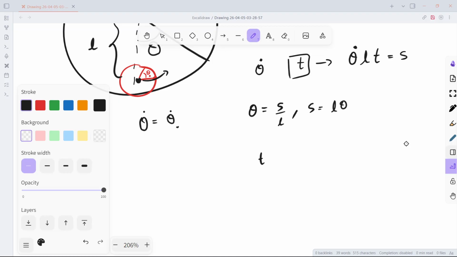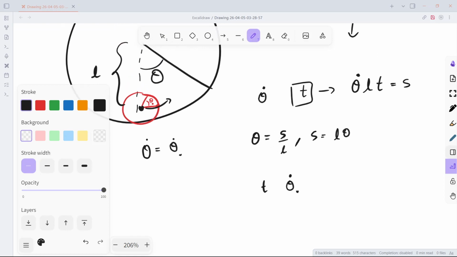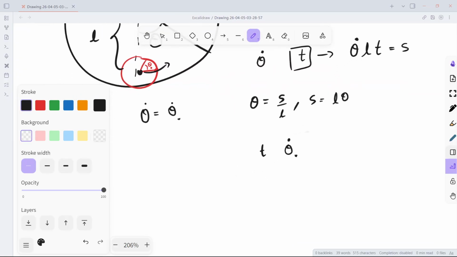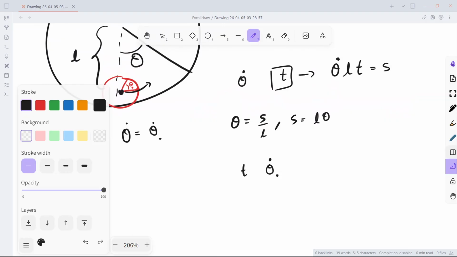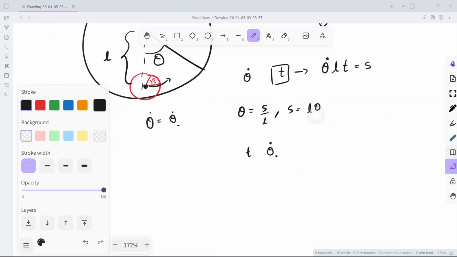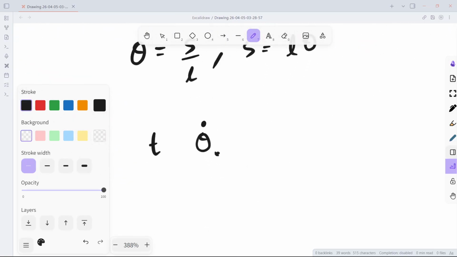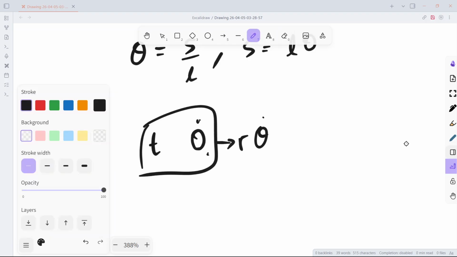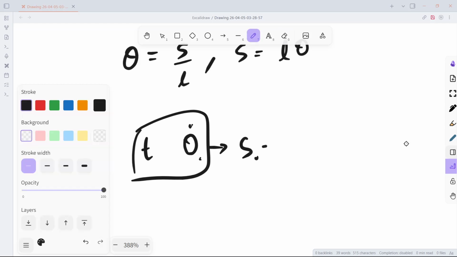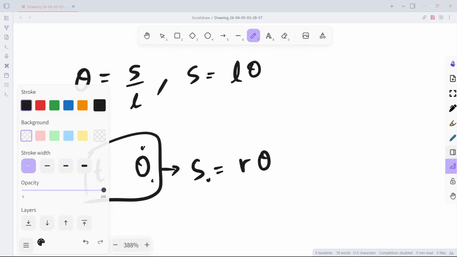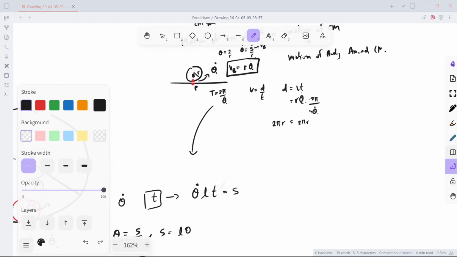In the same time t, assuming we had an angular velocity theta dot dot for this small guy, it will traverse a distance equal to its velocity r theta dot, right? That was a velocity.